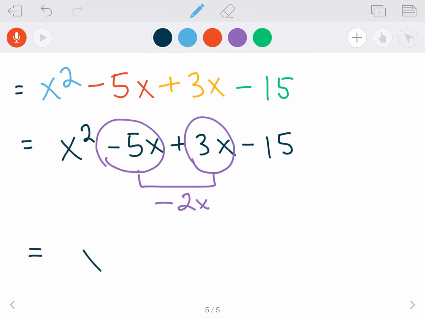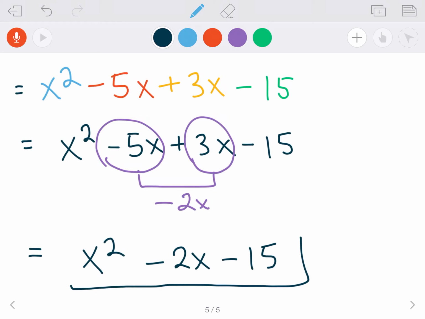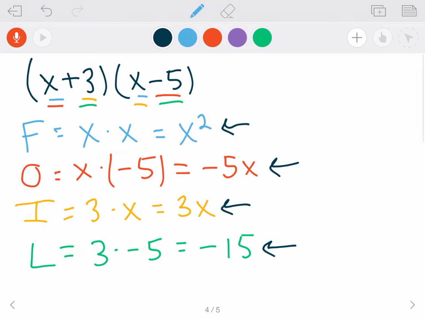So this expression becomes x squared minus 2x minus 15. And that is the expanded form of quantity x plus 3 times quantity x minus 5. All of that equals x squared minus 2x minus 15 when simplified.